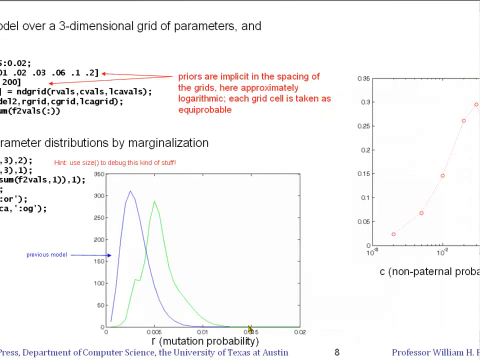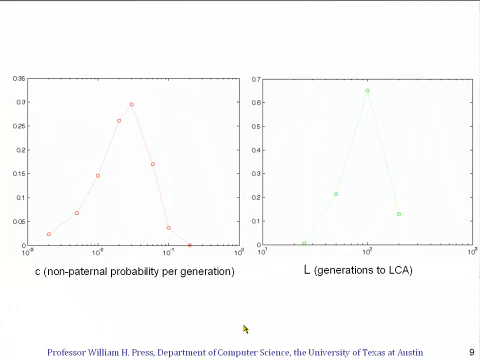But now what we're interested in are the other 2 marginalizations. So here's the probability of a non-paternal event per generation. It's on a logarithmic scale. It's pretty broad, but you'll see it peaks at a value of a few percent. I don't know if that's what you guessed, but that's how it comes out for this particular data set.